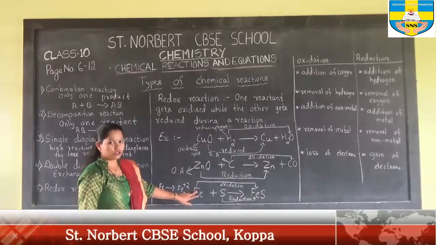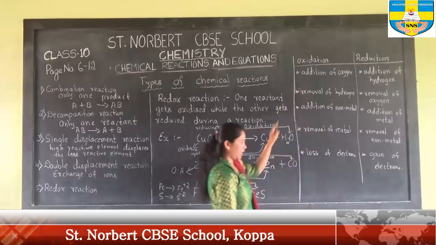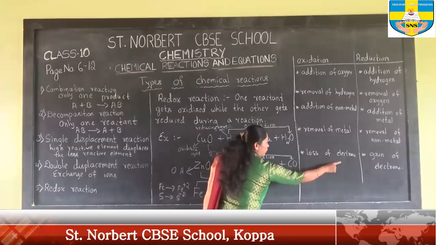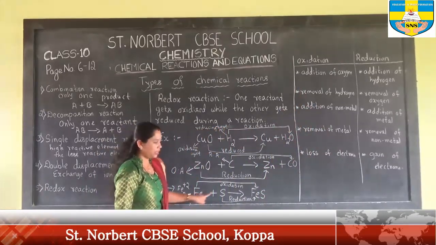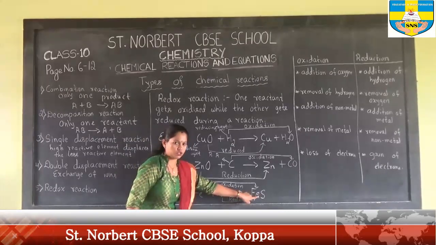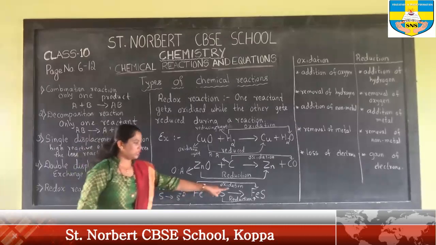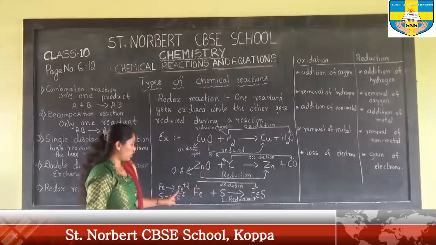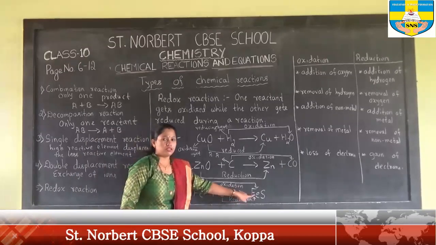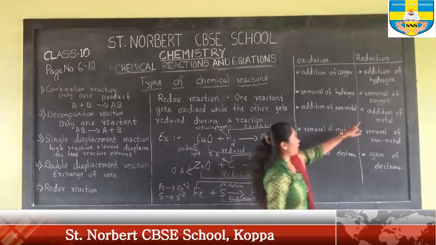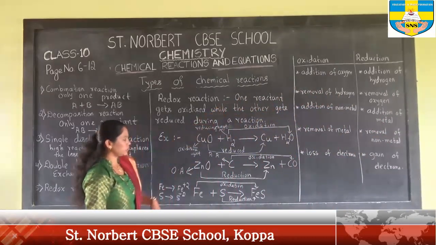Addition of non-metal is oxidation, or loss of electron is oxidation. On the other hand, for the sulfur, there is addition of metal. So that comes under reduction.